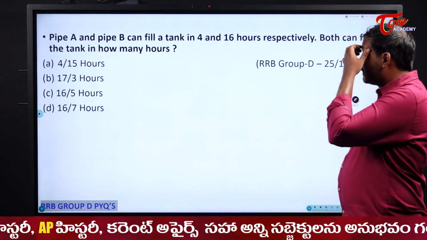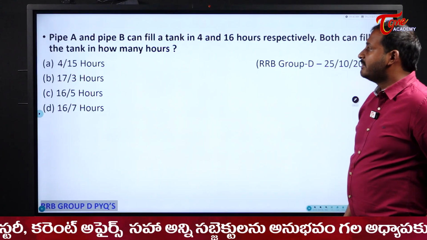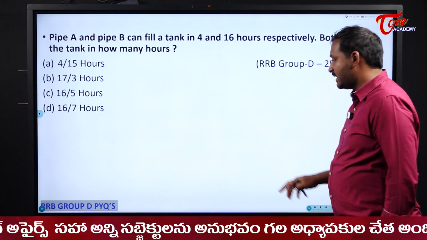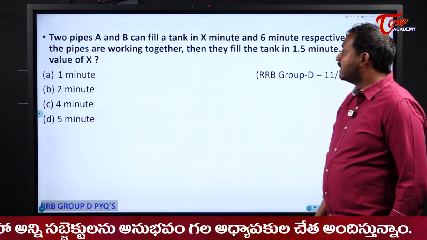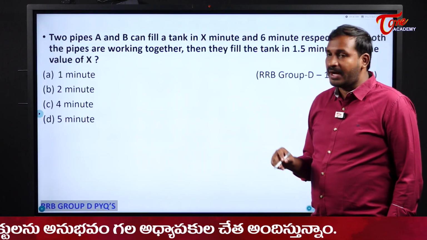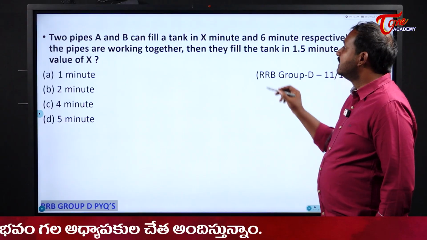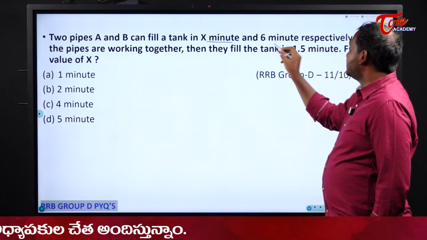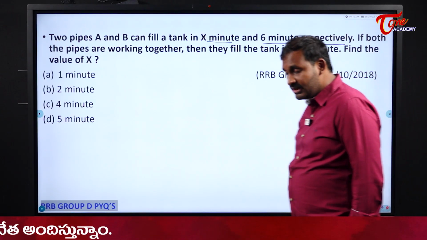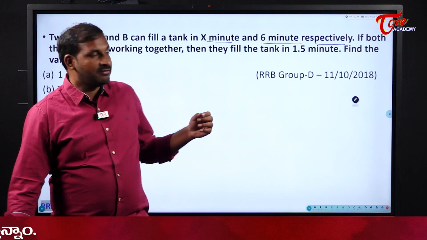Next one. Similar concept, both pipes A and B can fill the tank. Two pipes A and B can fill a tank in X minutes and 6 minutes respectively. Now here, instead of giving the value, they have used X minutes.